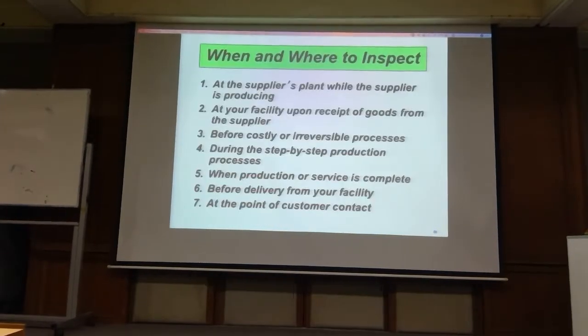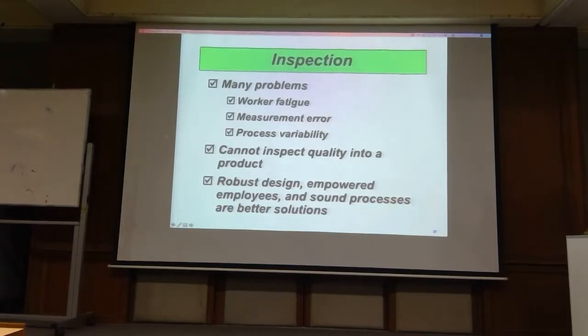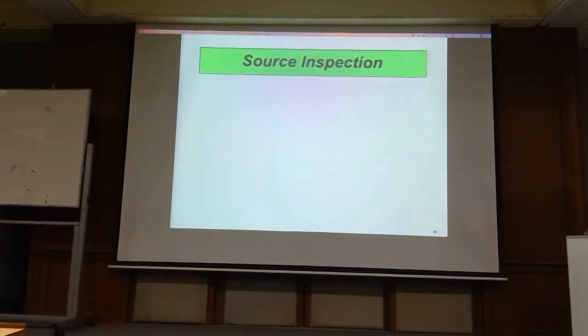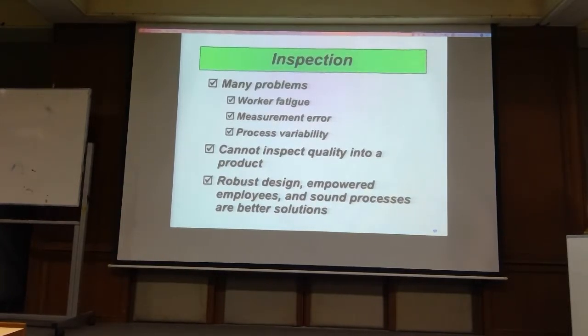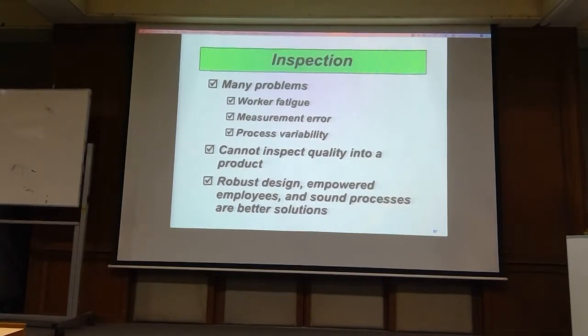So inspection, right? Problem. Inspection has many problems, right? As mentioned, worker fatigue, measurement error, right? Because you have inconsistency, you have process variability, so it does not add quality to the product. So what would be another way to handle it, right? Robust design, right?